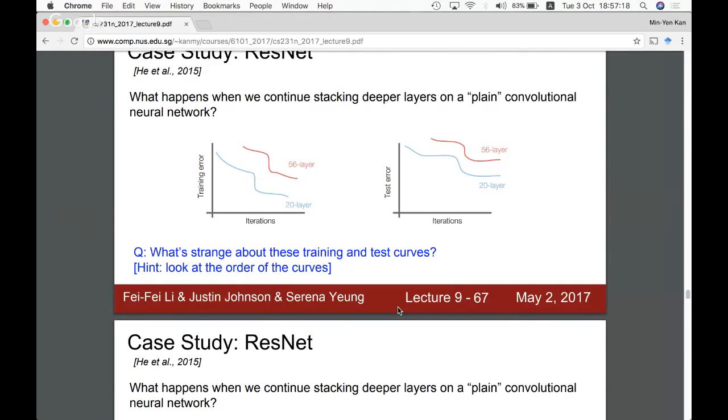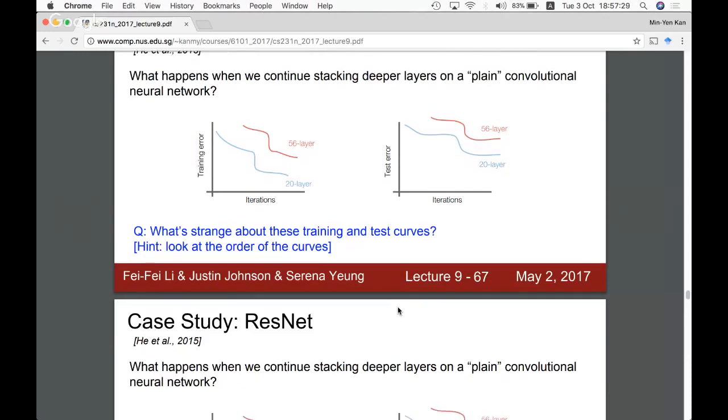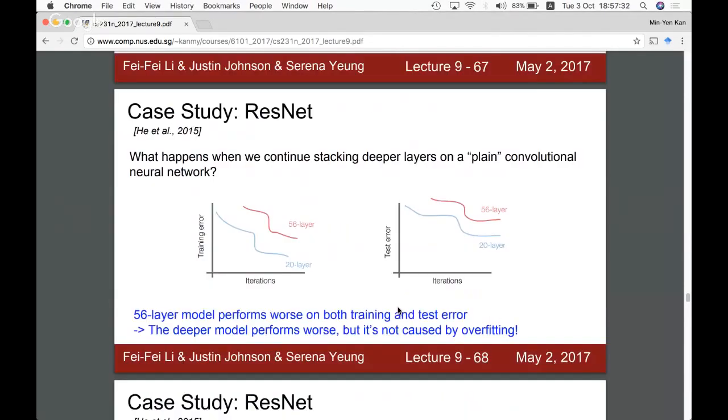But overfitting should make the training performance and accuracy better. That means in this case, the problem with the deeper network does not come from overfitting. Then the question is, if it does not come from overfitting, what does it come from? My suspicion is that it comes from the vanishing gradient.